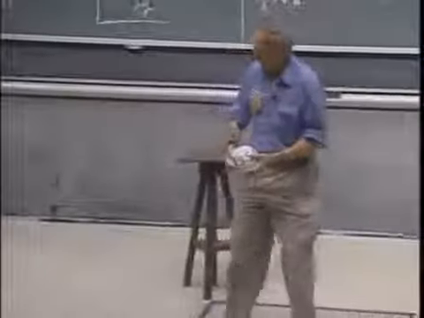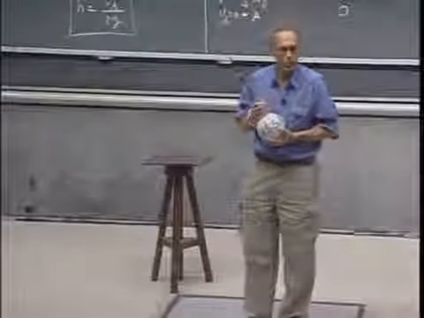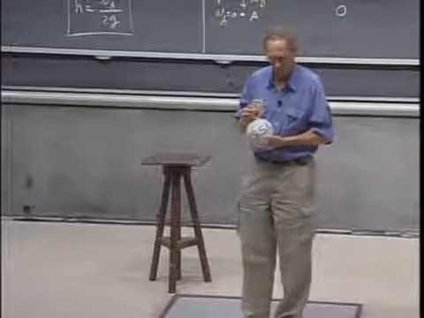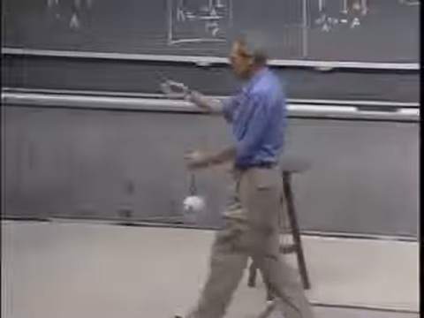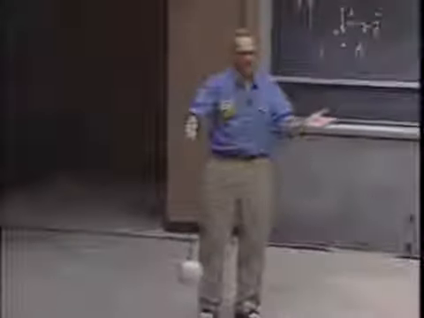If I would let it swing from 1 meter height, and you would be there and it would hit you, you'd be dead. 150 joules is enough to kill you. They use these devices, it's called a wrecking ball. They use them to demolish buildings.